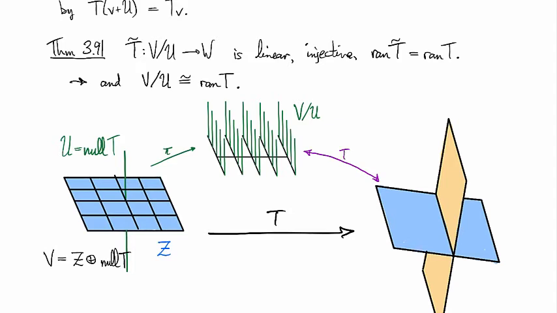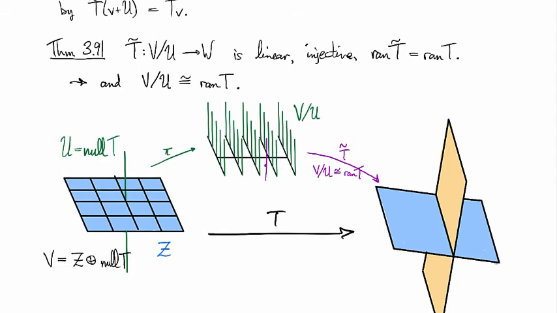So here's where the induced map lives. And what it's telling us is that V mod U is isomorphic to the range of T. You can see, sure enough, every one of these fibers in V mod U is indexed by the points of the XY plane, and they look like basically the set of the XY plane, and that's exactly what this is telling you.